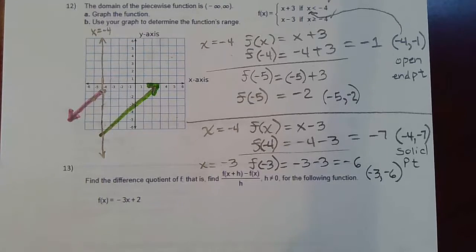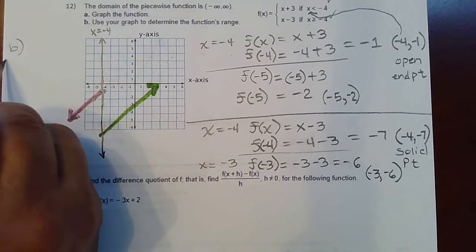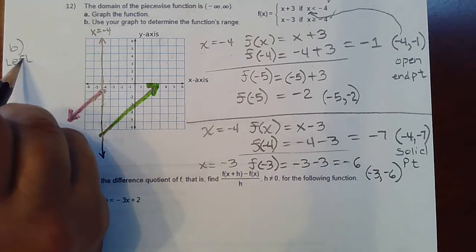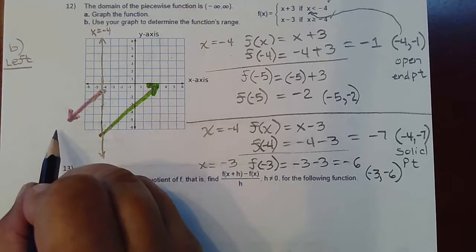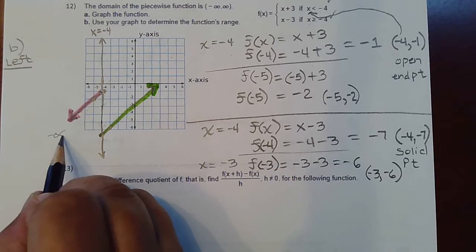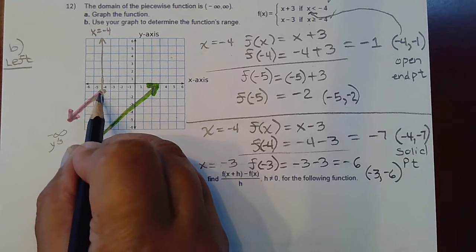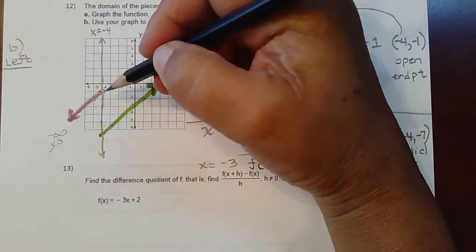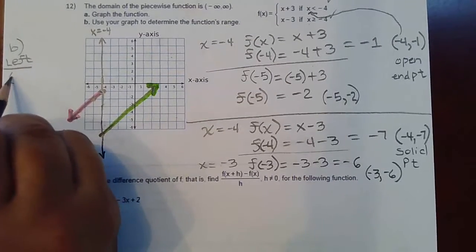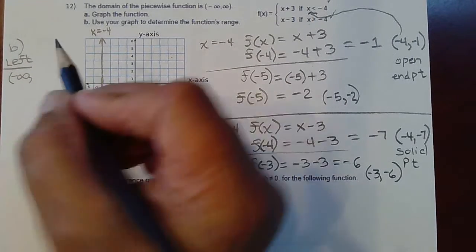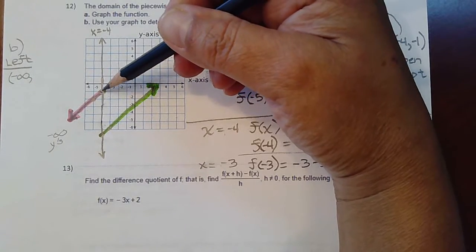Okay, then we're on to part B, where we talk about the range of each piece. So talking about the range of the leftmost piece, the y values go down as far as -infinity. And those y values go as high as, let's see, I'm looking at the -4 for the x value.